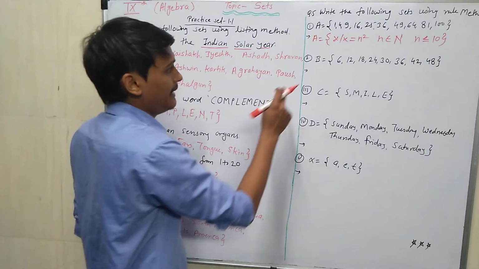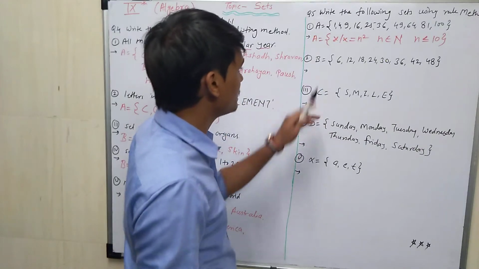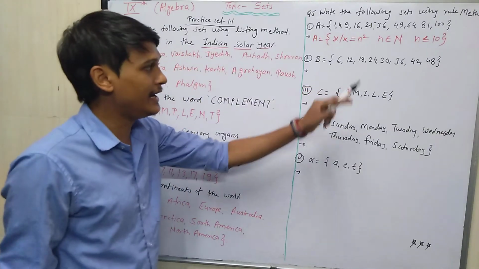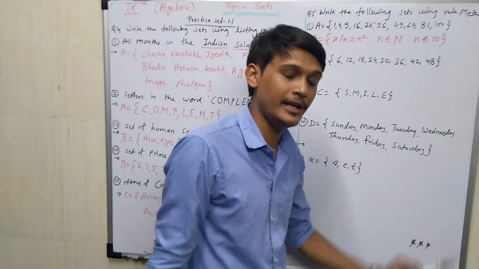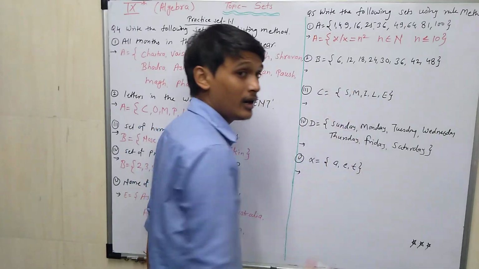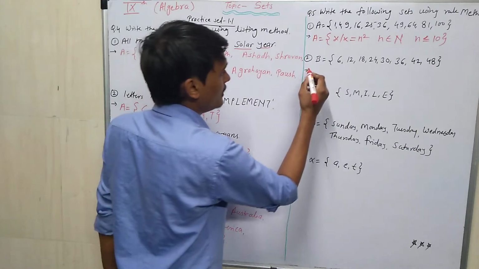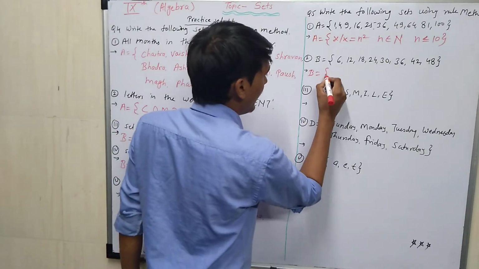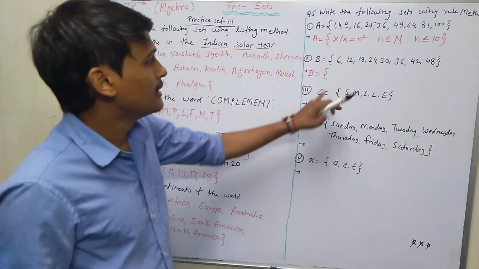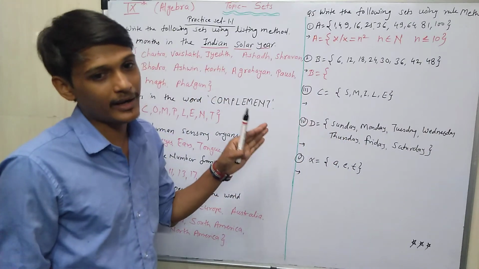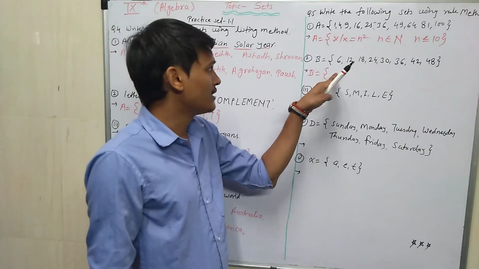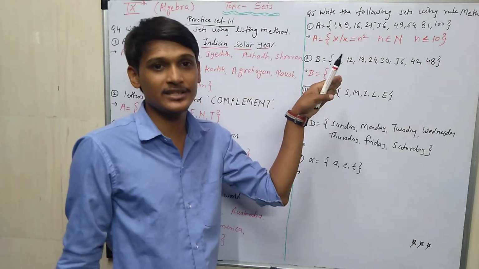Okay. Next question, B is equal to 6, 12, 18, 24, 30, 36, 42 and 48. There are commas also. Understood? Then write down here B is equal to, and a bracket. You can write down that this is the 6th table, x such that x is a 6th table.